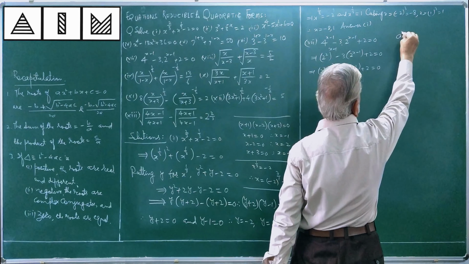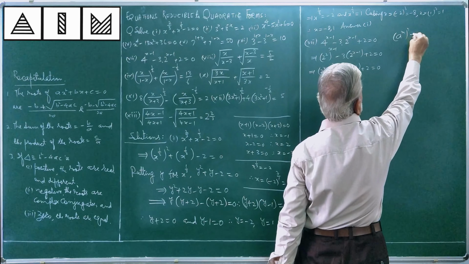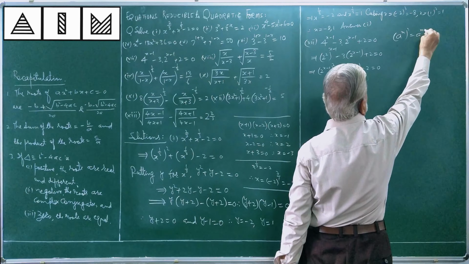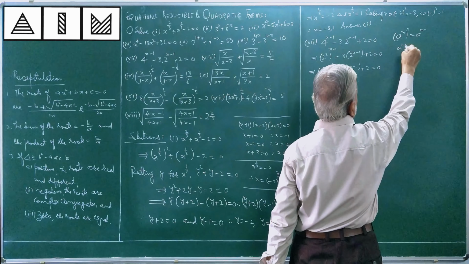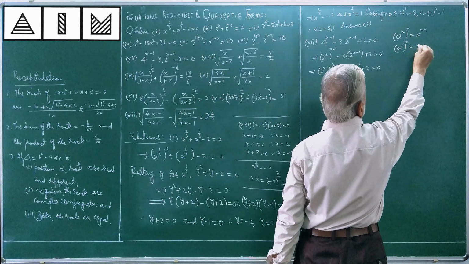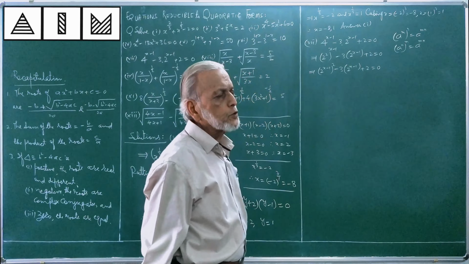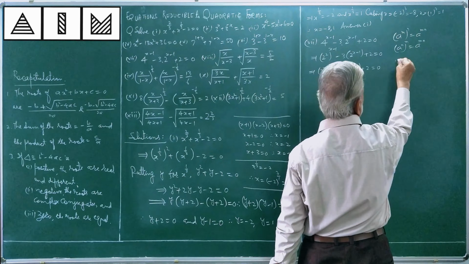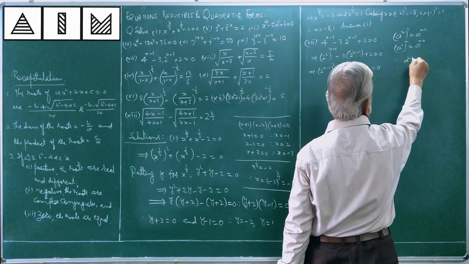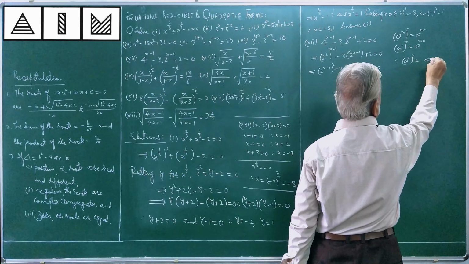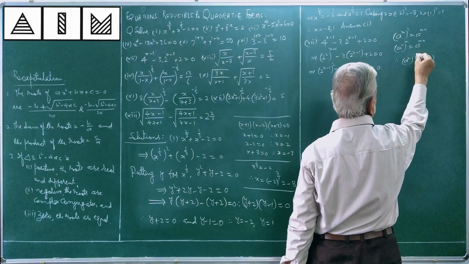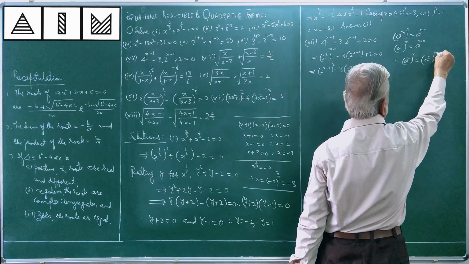Please see here. a power m power n is equal to a power mn, as well as this is also a power mn. So the two indices are interchangeable. This work also will be done so many times without much explanation.